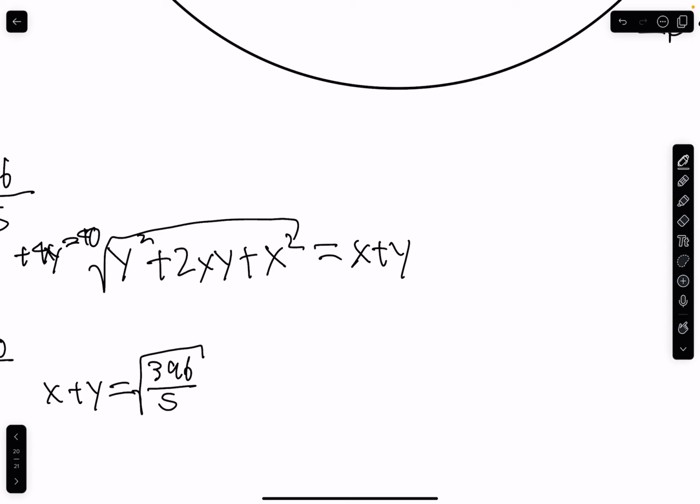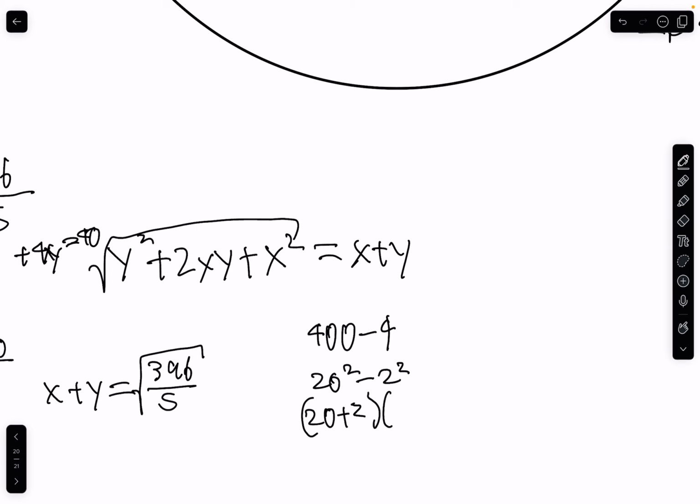And for 396, we can actually use difference of squares here. We know that 396 is 400 minus 4, which is 20 squared minus 2 squared. So that's 20 plus 2 times 20 minus 2, so 22 times 18, and that's 9 times 2 times 2 times 11.